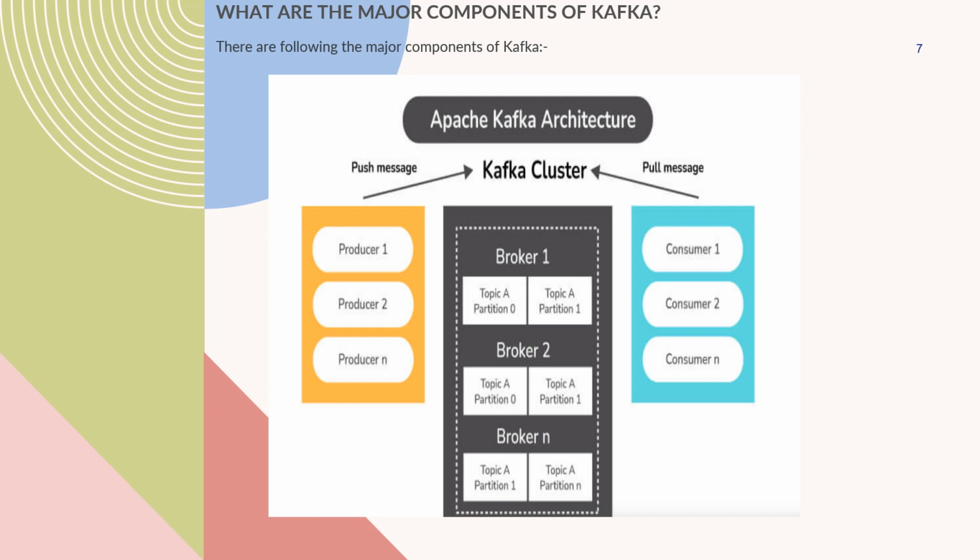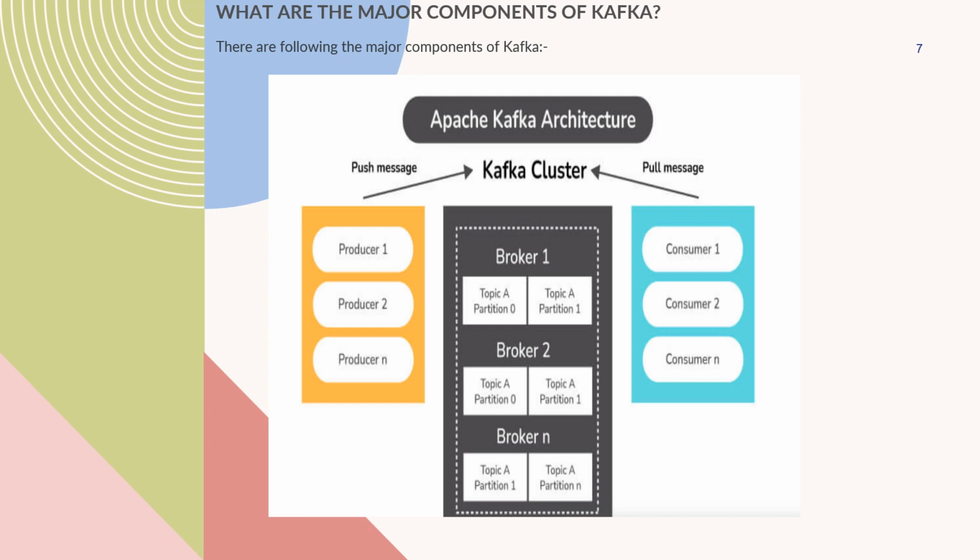So what is a Kafka topic? It is one of the most important components of Kafka. A Kafka topic is a unique name given to the data stream or message stream. Now let us understand the need for this. As you know, the Kafka producer sends a message stream to the broker, and the Kafka consumer receives the message stream from the broker.